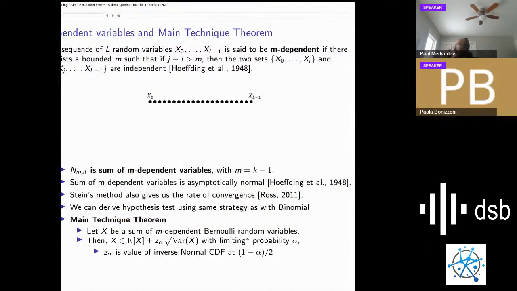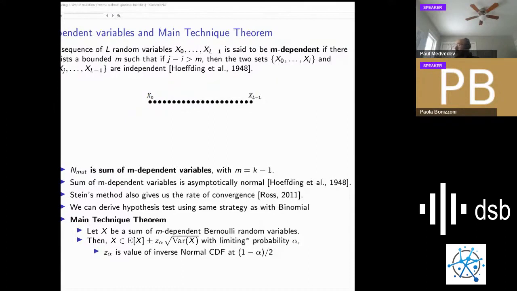Now, once we have the variance and expectation, if this was a binomial, then life would be easy, because the way we would do a hypothesis test or confidence interval for a binomial would be just to approximate it with a normal distribution.